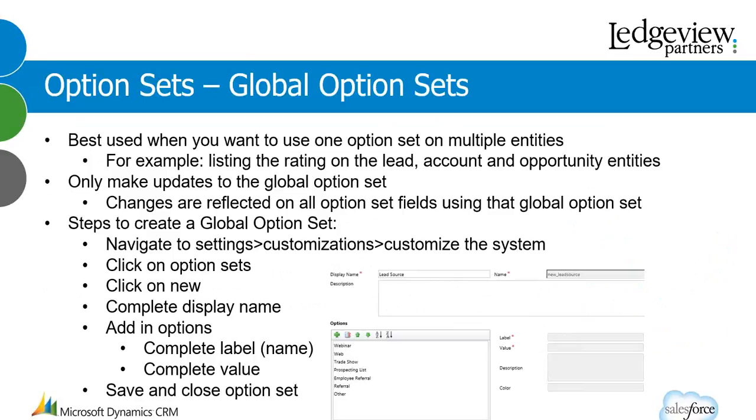Previously, you had to create a new option set for each entity, and if you made any changes, you had to go into each option set and make the same change each time. Now you can create one option set, called a global option set, and then just create the new option set field listing the global option set for each entity. So you're creating three fields, but you only created one option set.